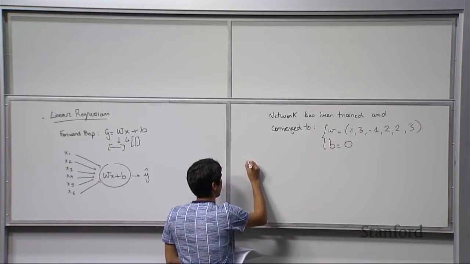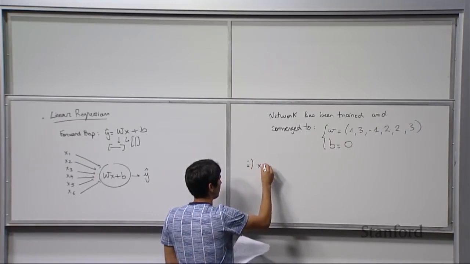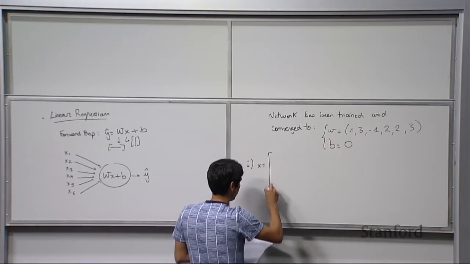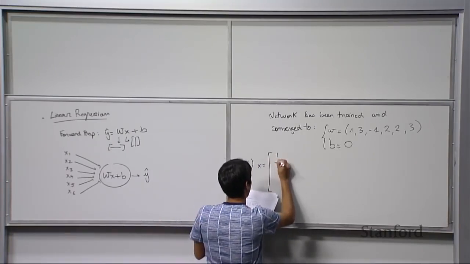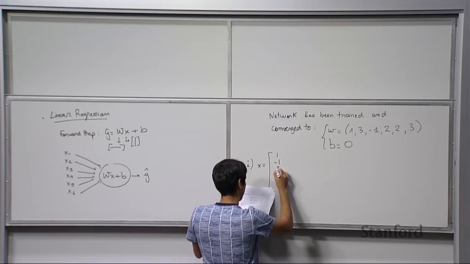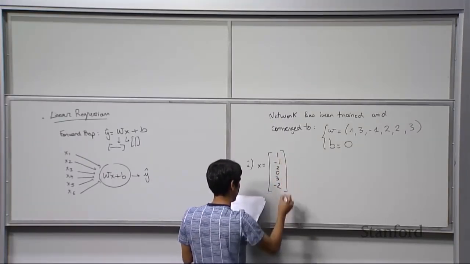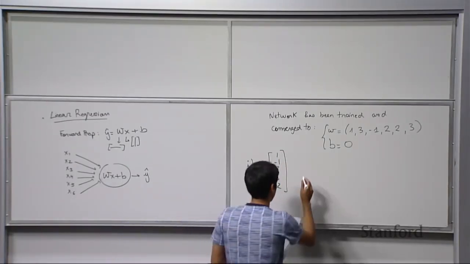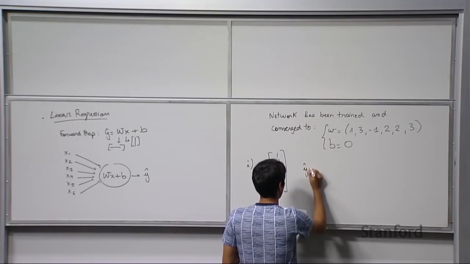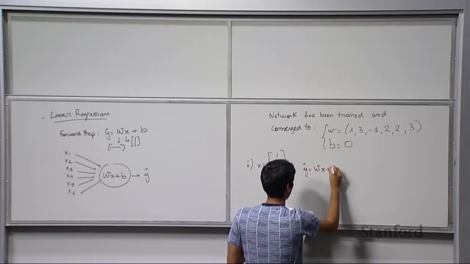So now, we're going to look at this input. We're giving a new input to the network, and the input is going to be 1, minus 1, 2, 0, 3, minus 2. I'm going to forward propagate this to get y hat equals Wx plus b.